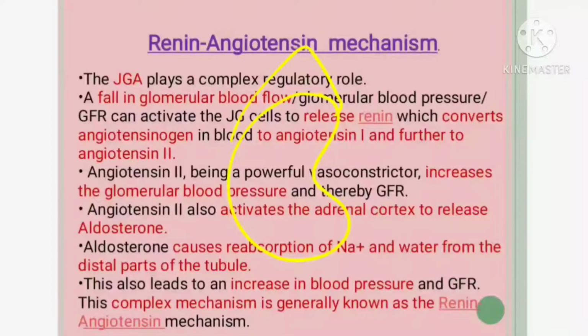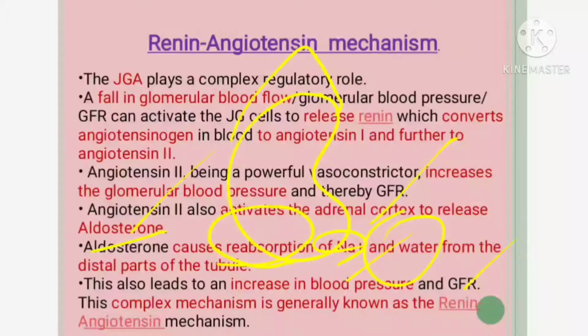They are releasing aldosterone. What they do is help in reabsorption of Na+, that is sodium ions, and water from the distal part. Distal part means what? From the distal convoluted tubule, collecting duct and all, they are helping in reabsorption of sodium ions as well as water, so that the fluid in the blood will increase, the blood volume will increase. Okay. So this also leads to increased blood pressure and GFR.